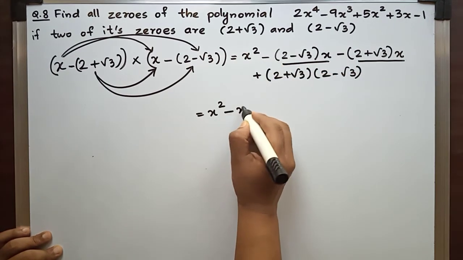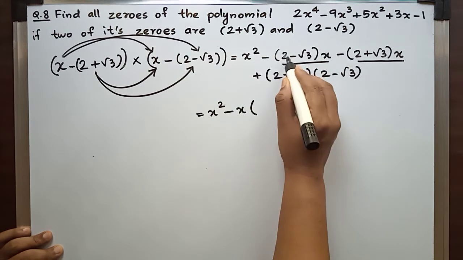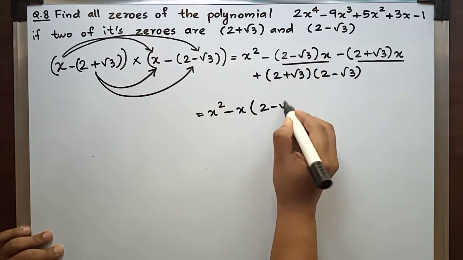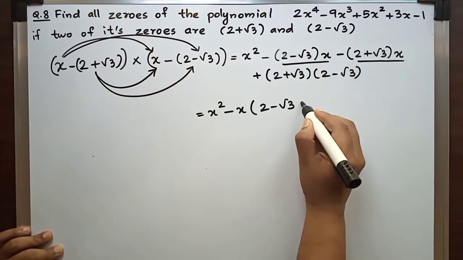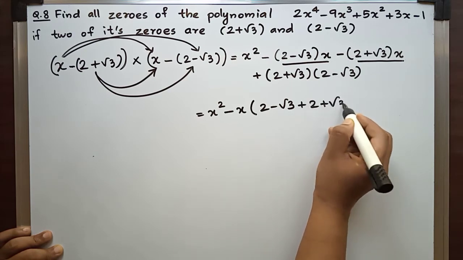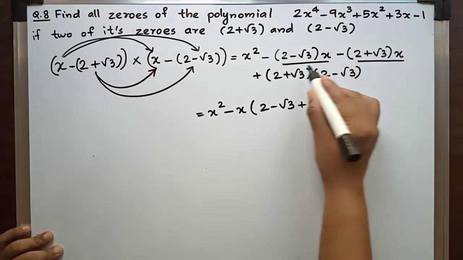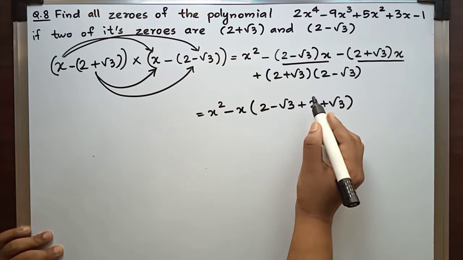Minus x is common, and inside the bracket we have 2 − √3 and 2 + √3.